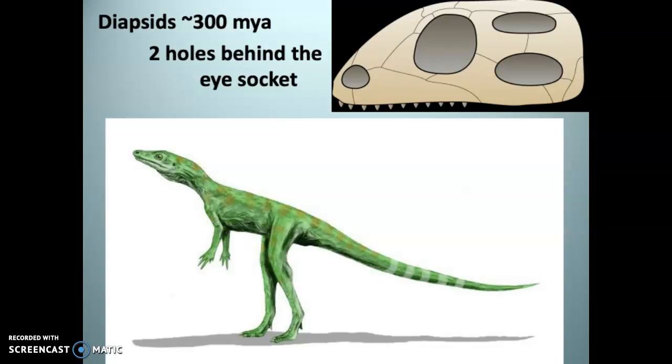So you got all three of these groups roughly around the same time, competing, trying to find resources, who's going to be most successful, who's going to adapt and evolve, and who's going to go extinct. The Diapsids, the identifying feature are these two holes behind the eye socket. Again, the Synapsids had one. These guys have two holes over here.